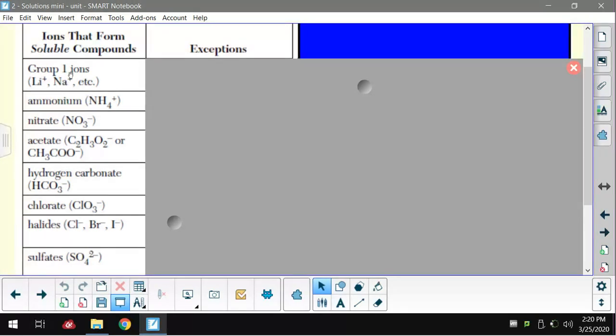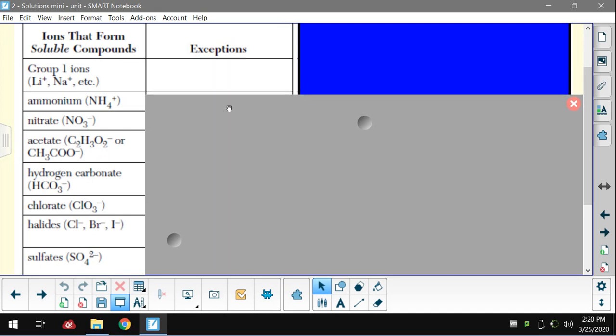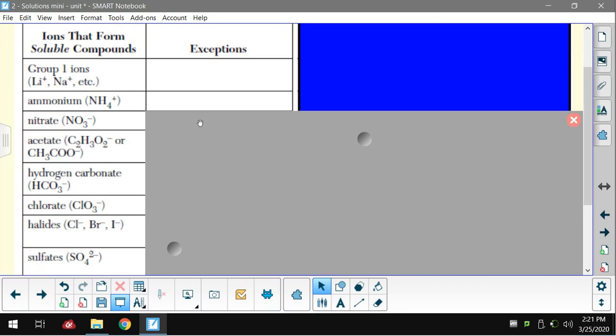If it's lithium something, sodium something, whatever it is, and you'll see here there are no exceptions, it's always going to be a soluble compound. So lithium, and then choose your anion: lithium chloride, lithium sulfate, lithium carbonate, any of the group 1 ions, they're all going to be soluble. The same is true for ammonium compounds. All the ammonium compounds are going to be soluble as well.